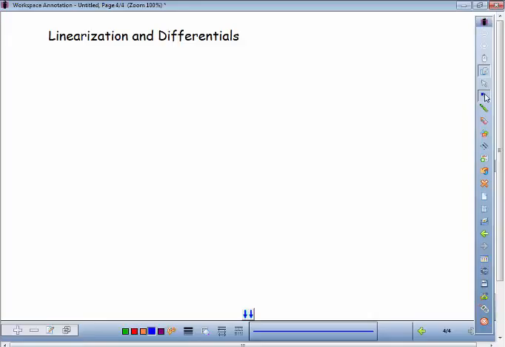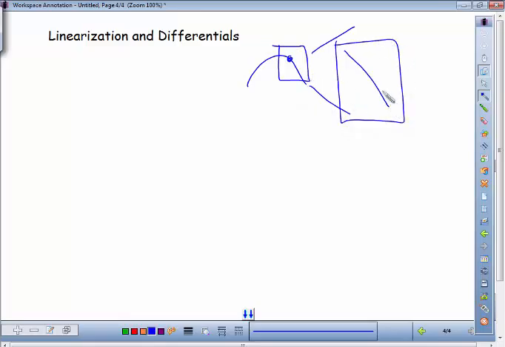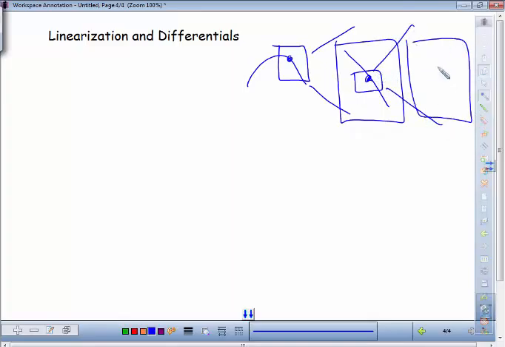So the idea behind linearization is essentially this whole thing about zooming in, so that if you have a graph, as curved as it may seem, if you zoom in enough, this curve over here, which is curving, now zoomed in, looks like a straight line. So that's the same idea with linearization with surfaces. You zoom in enough, it looks like a plane.